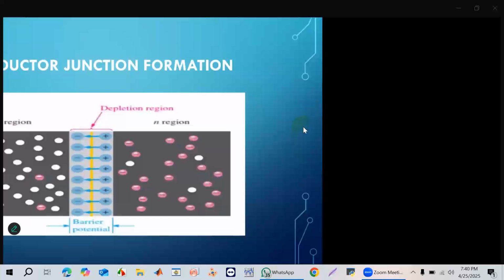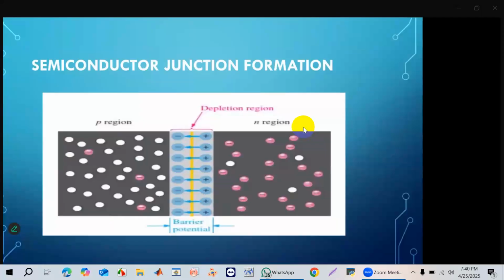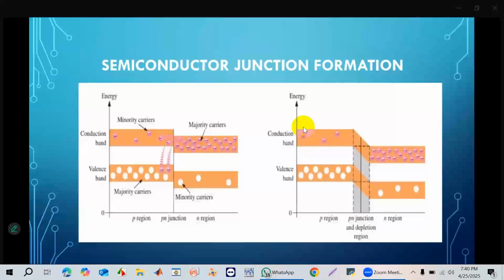In this image, we can see that the conduction band of p-type is presented at a higher level than the n-type. Okay, I will explain later why this happens.